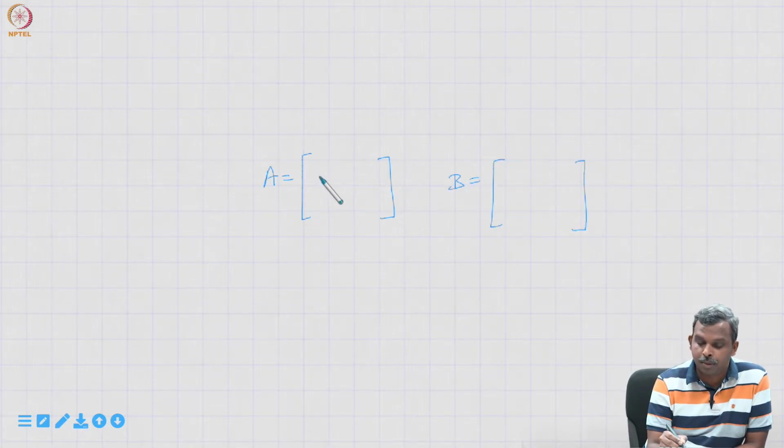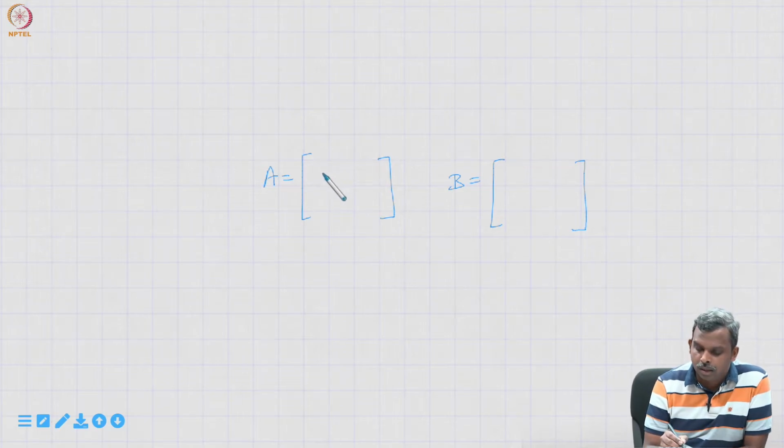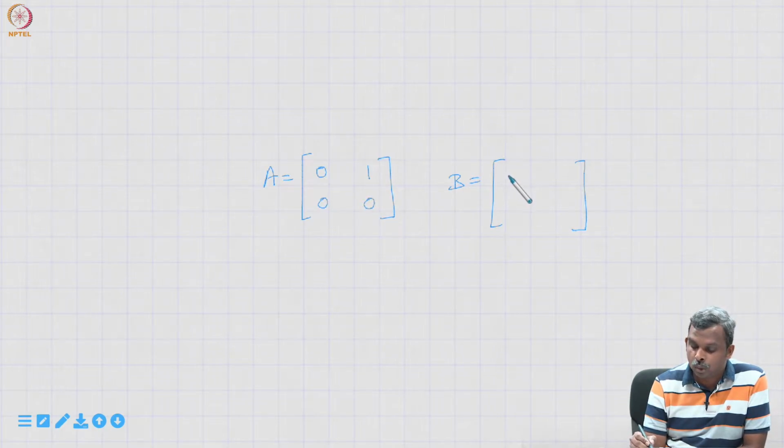So here is an example. Let us say A is 0, 1, 0, 0, and B is also, I think I want 0, 0 here, and let me put 1 here. No, I shouldn't put 1 here. Let me just think of this a little bit.